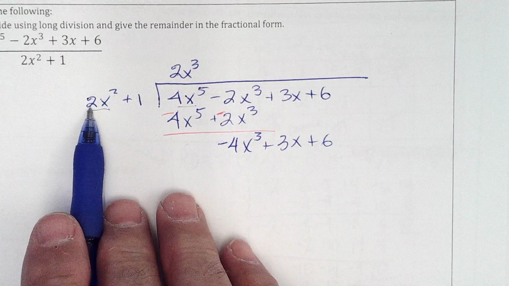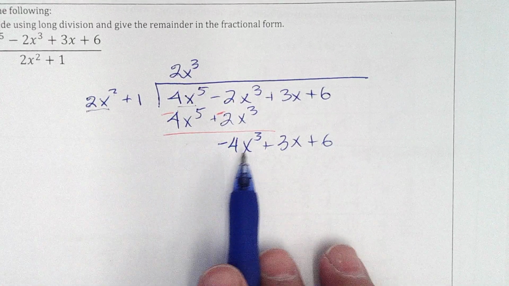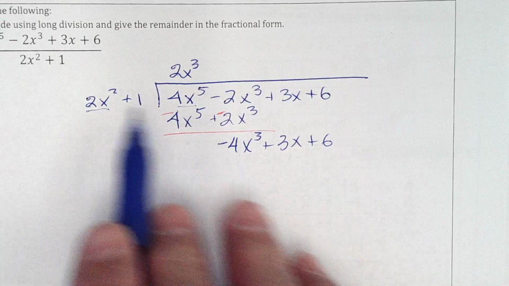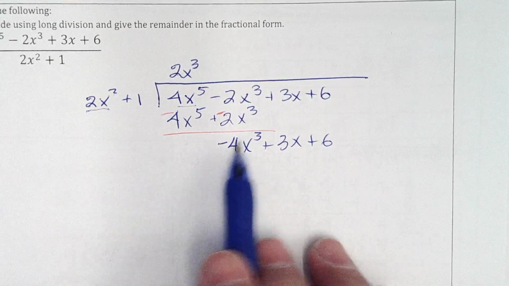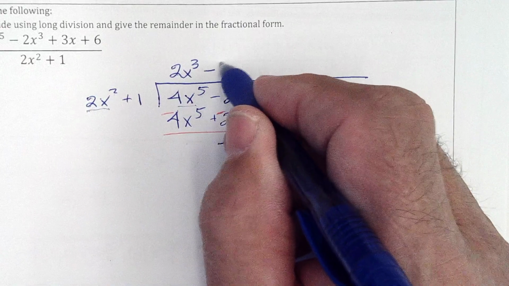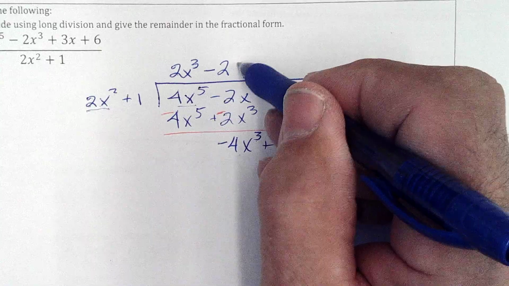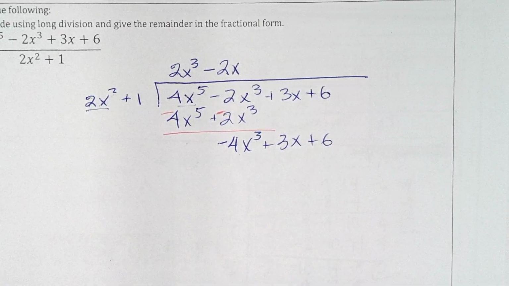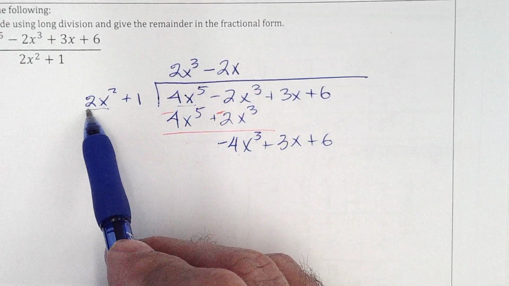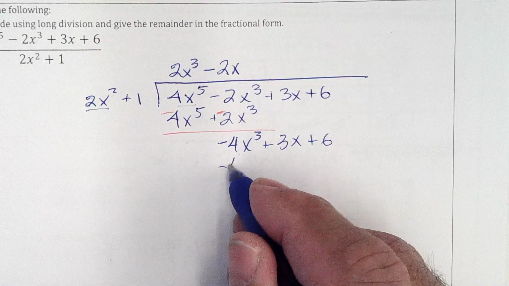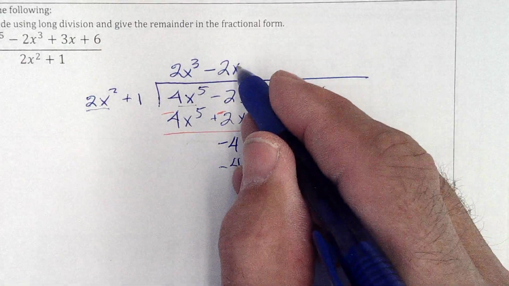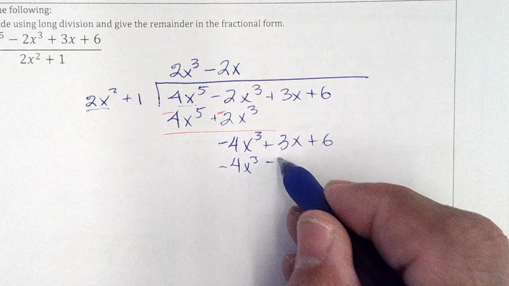So I say to myself, what do I multiply this by to get that? Well, 2 times -2 would make -4. And x squared times x would make x to the 3rd. So I got to take a -2x times this. -2x times 1.